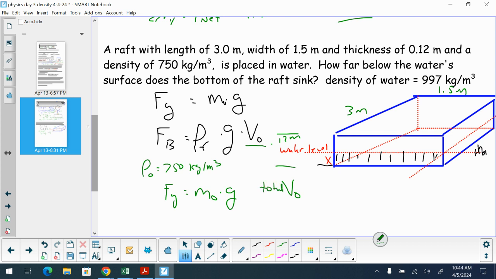So I'm going to write the total volume of the object. Well, how can we calculate the total volume of this object? It is a rectangular prism: length times width times height.